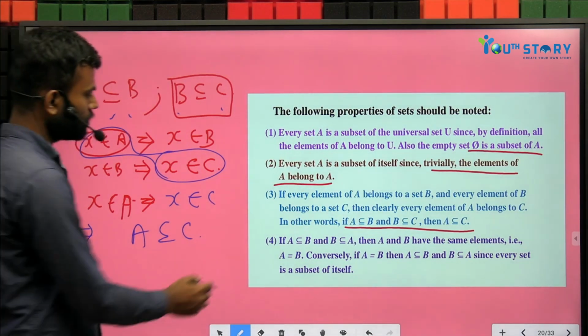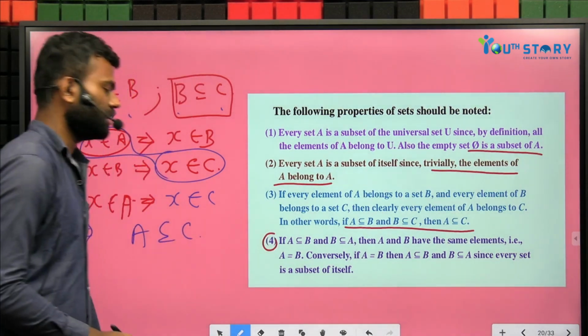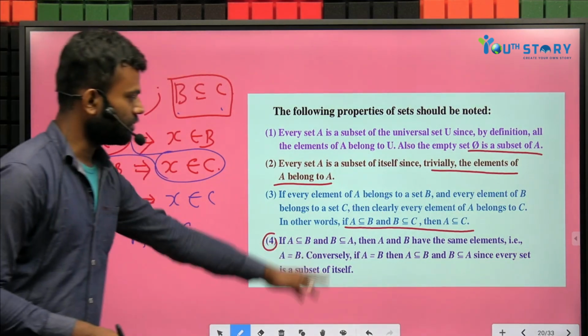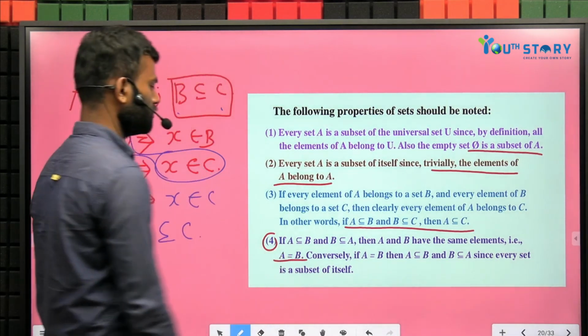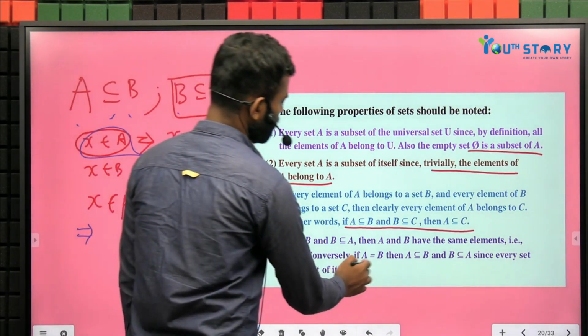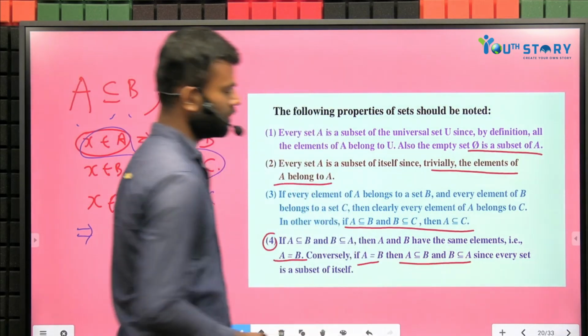And the crucial point: if A is a subset of B and B is a subset of A, then they are the same. Conversely, if they are the same, then this condition holds.